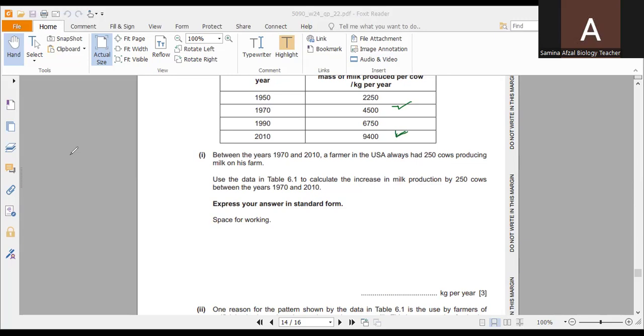We have to find the increase in milk production by 250 cows. The data they have given us in the table is for one cow, and we have to find it for 250 cows. So first of all, we start from 1970, 4500, and in 2010 it increased to 9400.